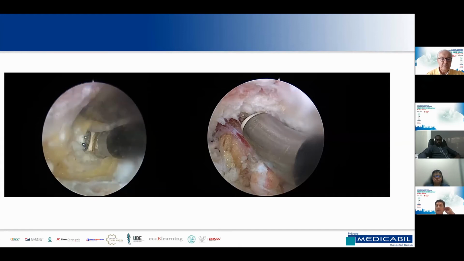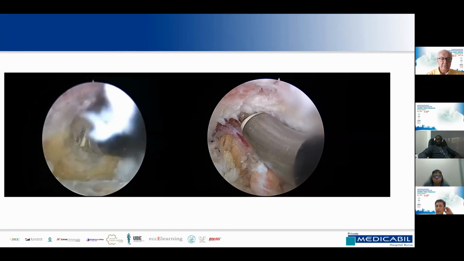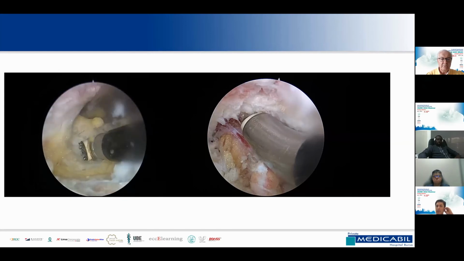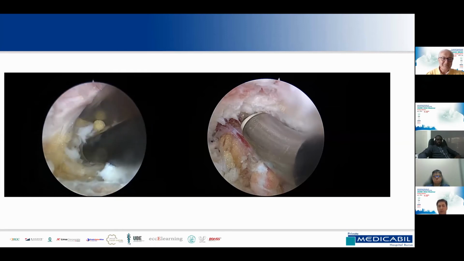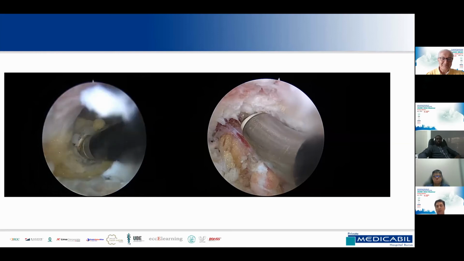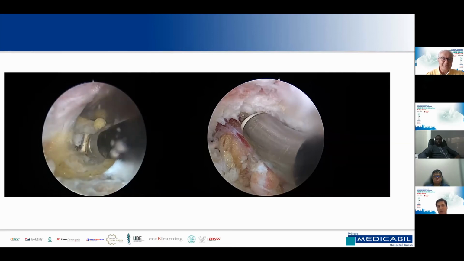And also sometimes the laying down position MRIs cannot give a real result for us. We need the compressive MRIs.